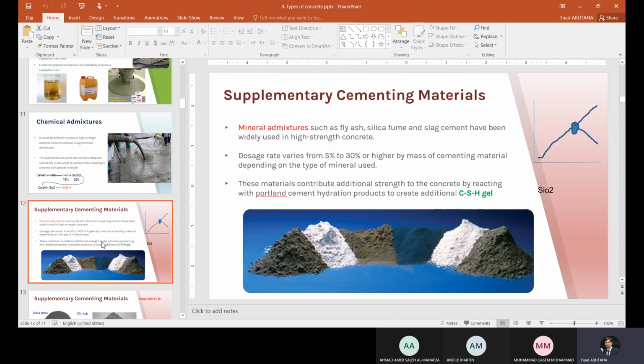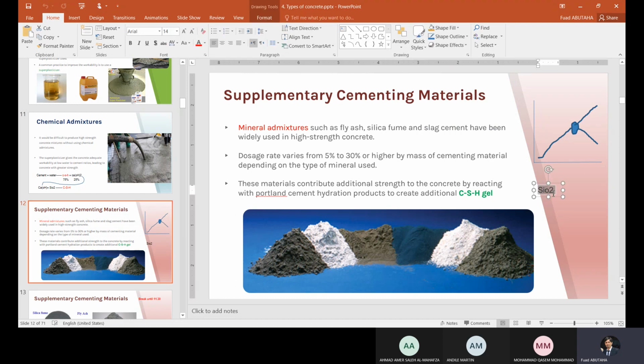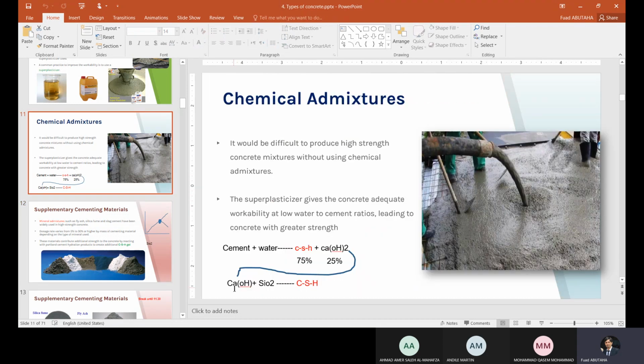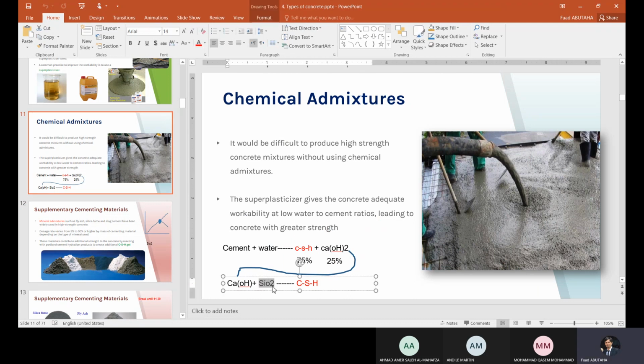So we use these mineral admixtures that contain a high amount of silica. This silica will react with the calcium hydroxide that has no benefit to the concrete and convert it to calcium silica hydrate. And calcium silica hydrate, as I mentioned, is the source of the strength. The higher the calcium silica hydrate content, the higher the strength of concrete.